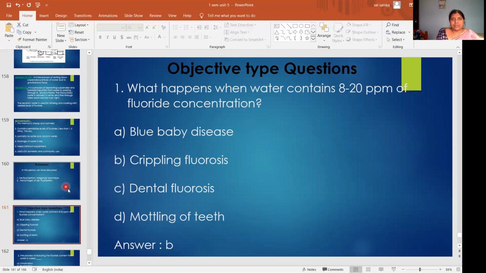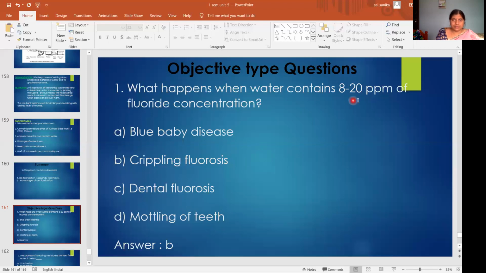Dental fluorosis occurs at less than 8 ppm, that is more than 3. So at 8 to 20 ppm, what disease will you get? A, blue baby syndrome, B, crippling fluorosis, C, dental fluorosis, D, mottling of teeth. The answer is B, crippling fluorosis.